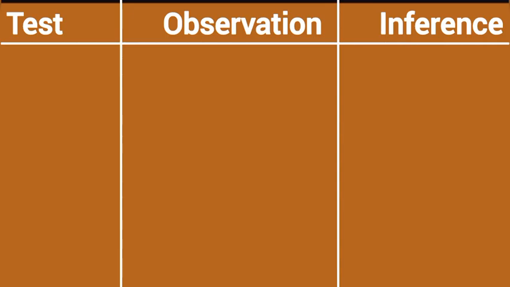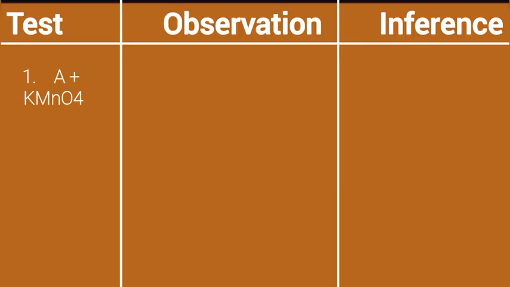So number 1, I am going to expose A to potassium tetraoxomanganate 7. It's much like adding potassium permanganate to liquid A in a test tube.